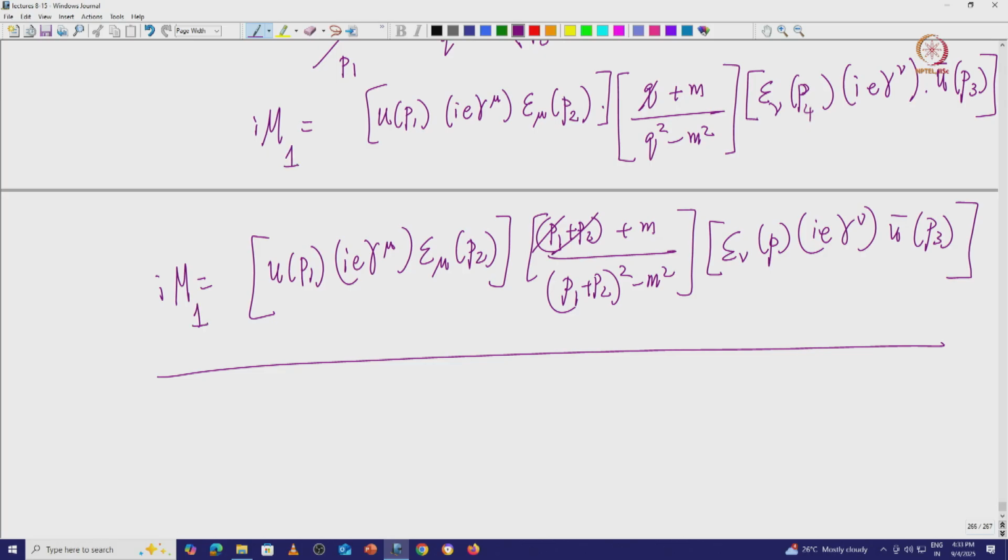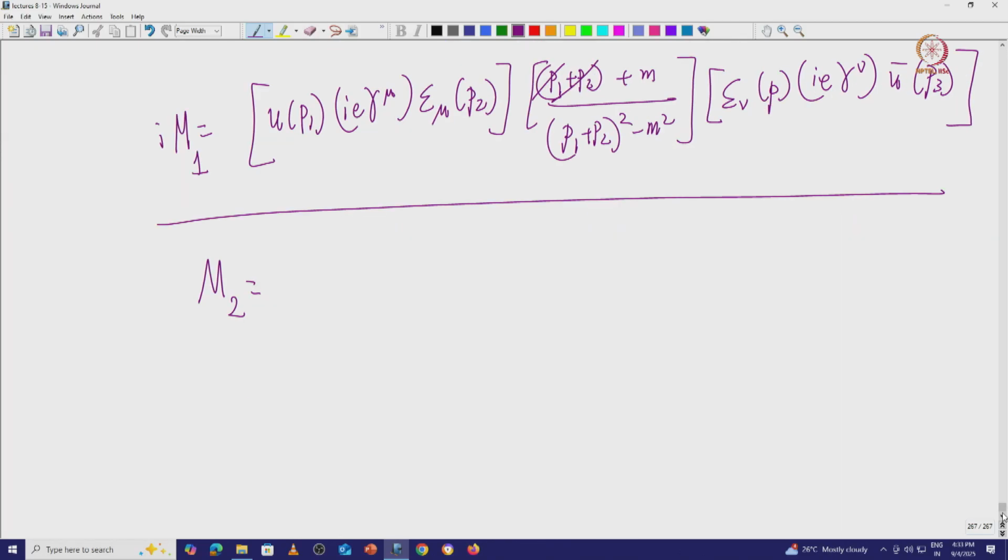So, we call it the first diagram. Similarly, you also have M2 coming from the second diagram, and the total is i M equal to i times M1 plus M2.